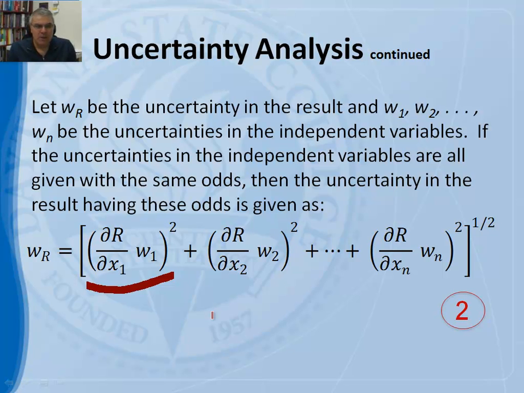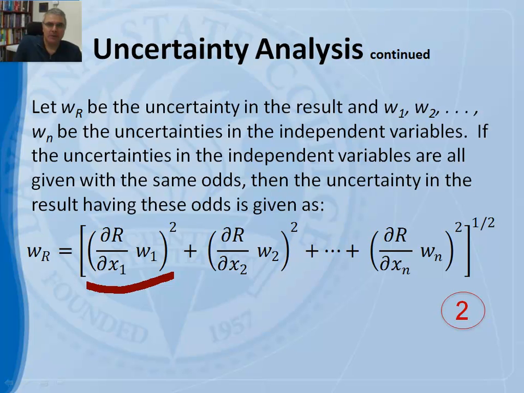So let W sub R be the uncertainty in the result, and W sub 1, W sub 2, and W sub n be the uncertainty in the independent variables. Okay, so far so good, right?